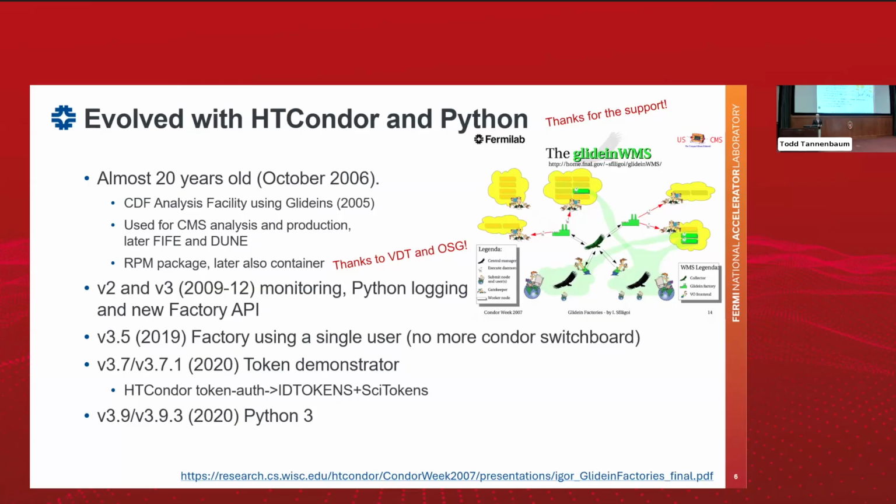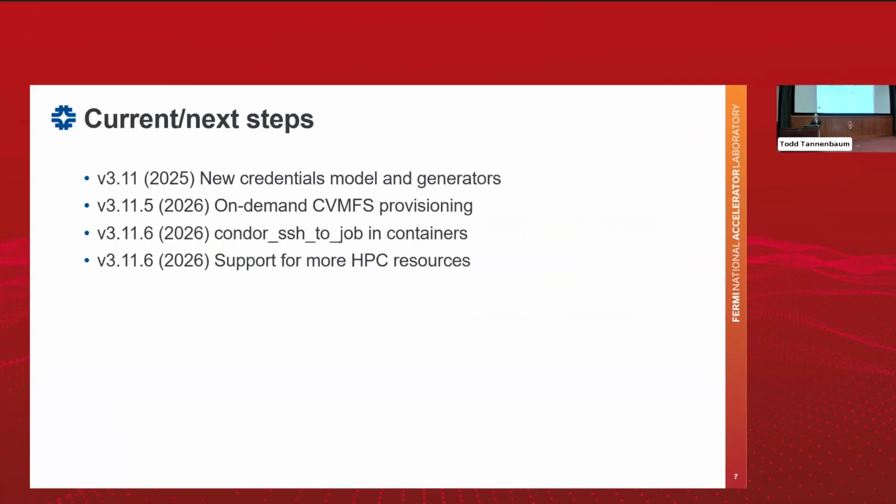We were the first workload management system to do a full demonstration with tokens when our collaboration switched from X509 to tokens. And also the Python 3 migration, right, we were one of the first projects.